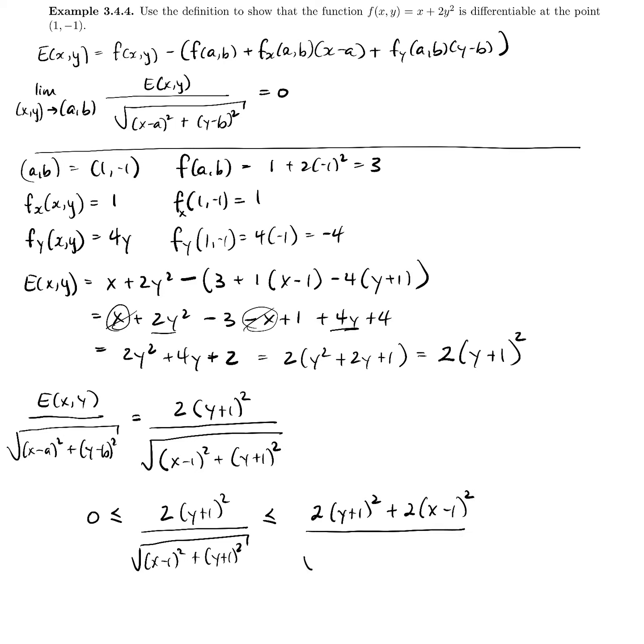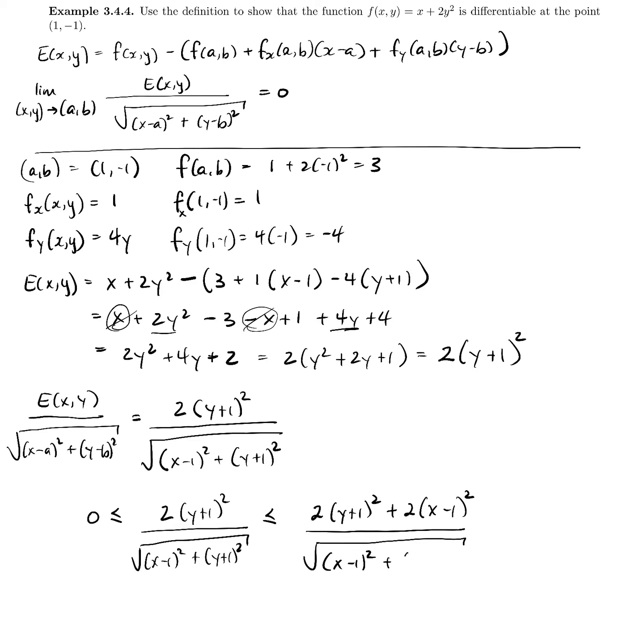Now, how come I can do that? Well, I can add anything that is positive because I'm creating an inequality. So as long as what I create here is bigger than what I have over here, I'm just fine. The question is more, why would I want to do that?